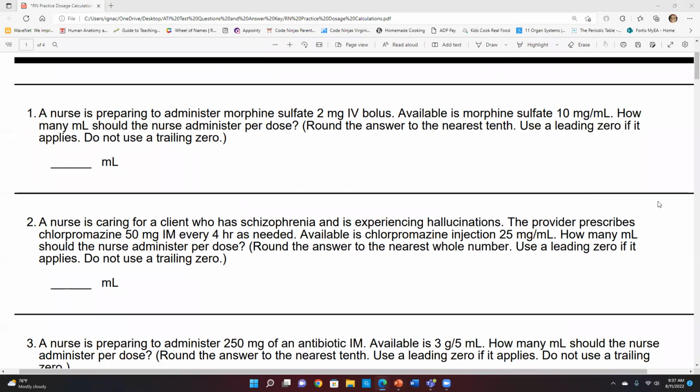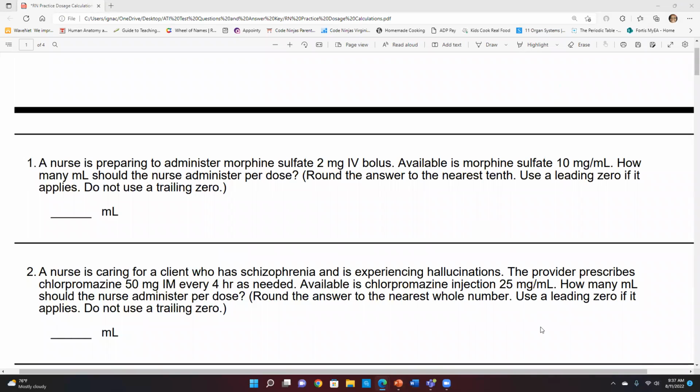So let's now actually do some problems. We'll focus on problem number 1. I will give you some time to work through it, and then I will do the problem on this document. Question number 1. A nurse is preparing to administer morphine sulfate 2 milligrams IV bolus.